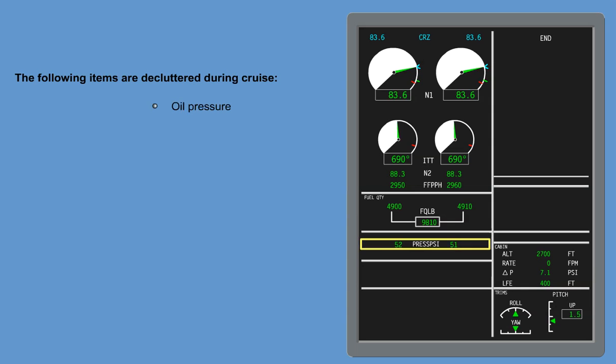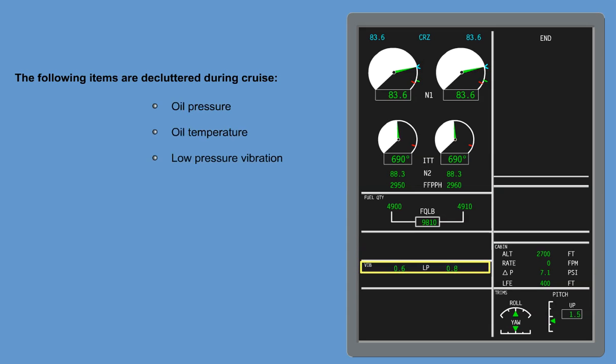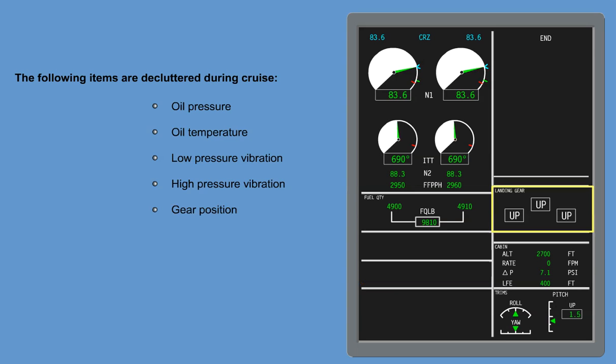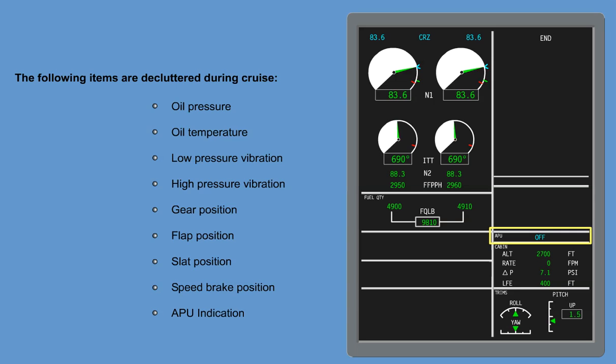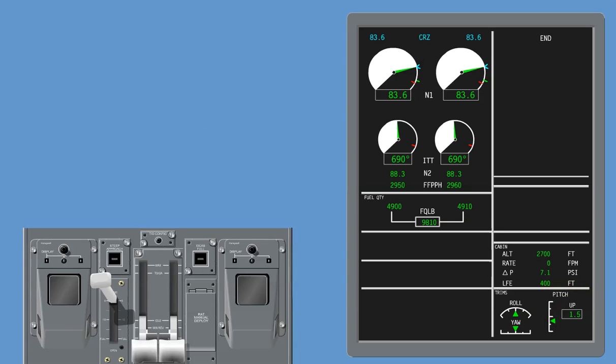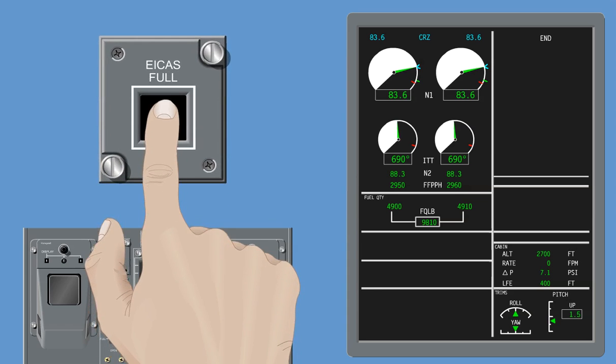Oil pressure, oil temperature, low pressure vibration, high pressure vibration, gear position, flap position, slat position, speed brake position, the APU indication, and on the pitch trim scale, the green takeoff band will extinguish. Pushing the ICAS full button displays all of the decluttered items.